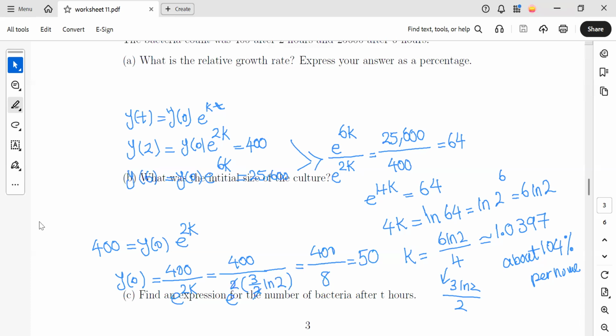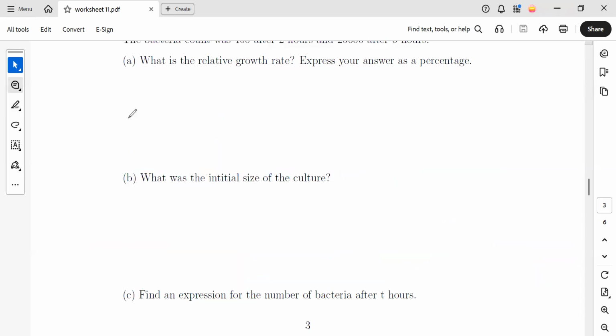Next part is asking about finding the model or expression. Now that we know y of t is y of 0 times e to the power kt, and we know that y of 0 is 50, and we know that k is 3 over 2 ln of 2, times t.